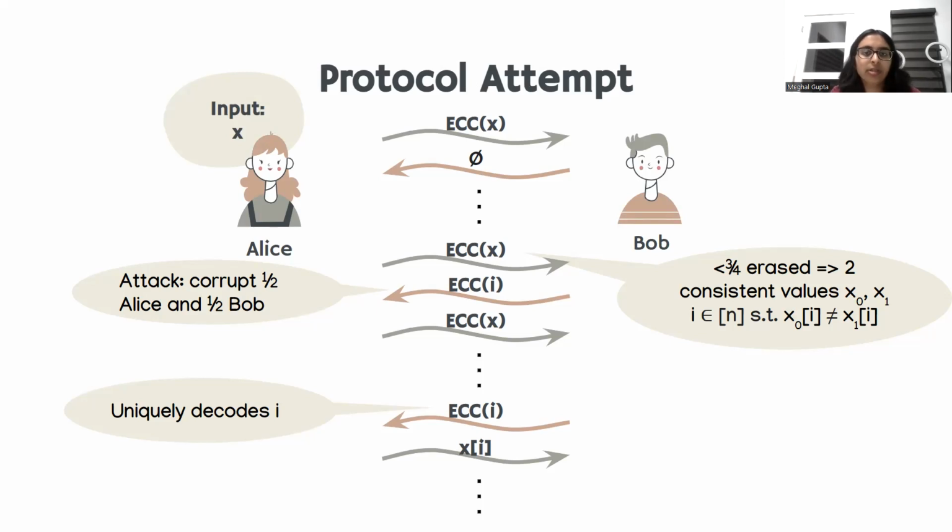The adversary still needs to be corrupting 1/2 of Alice's message in order to prevent Bob from uniquely decoding X, but he also only needs to corrupt 1/2 of Bob's message, and then Bob will continue to have 2 possible values for Alice's message, and Alice will continue to have 2 possible values for the index I. So this is a problem because it's only 1/2 of each party, and therefore 1/2 corruption overall.